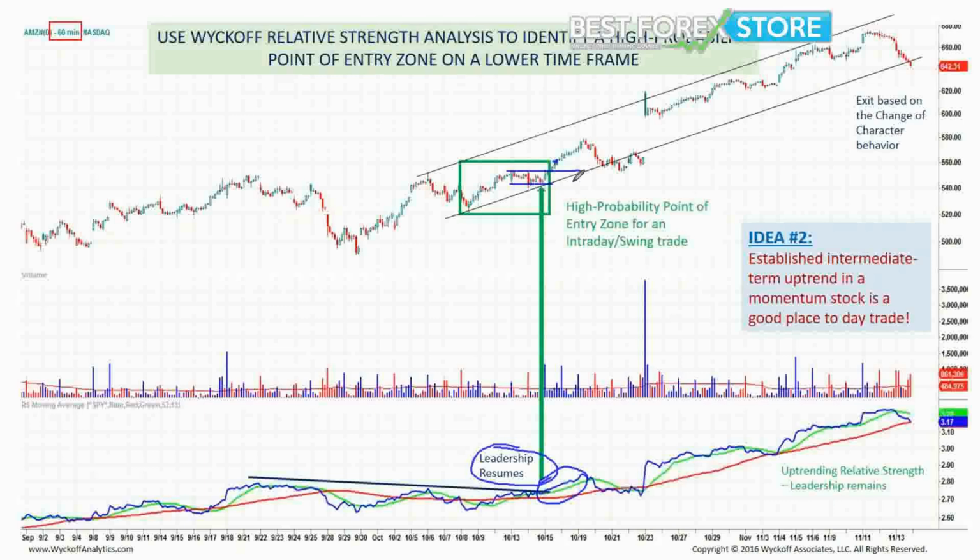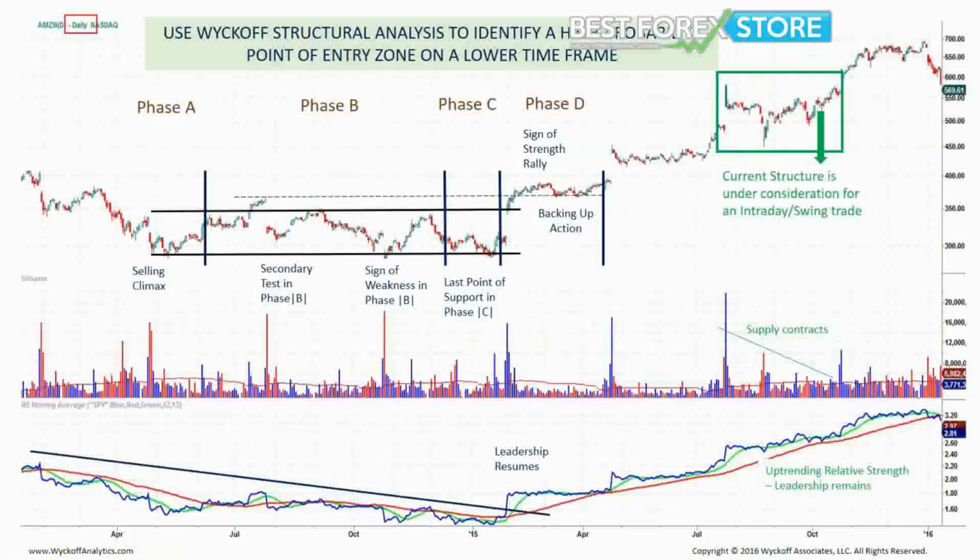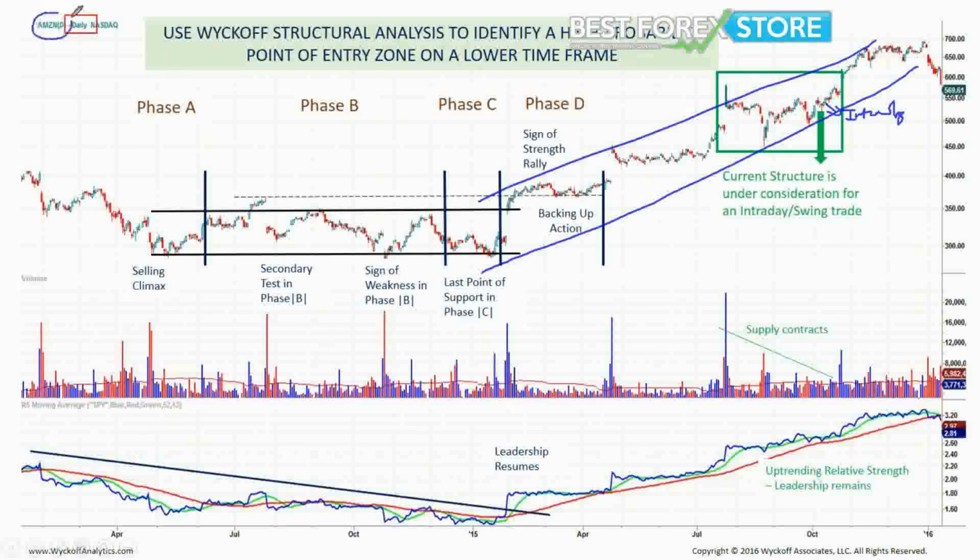And you can do both, but my idea today, one of the main ideas, is if you're opening a position on the intraday basis here, and you are in the stock that is in the established uptrend, you are in the momentum popular stock, and you're anticipating a potential swing move to the upside, try to leave this position on if it's entered at the correct timing and try to capitalize on this move, because it's going to bring you more profits and it's going to also keep you away from potential mistakes on the way up that you're going to make by day trading.